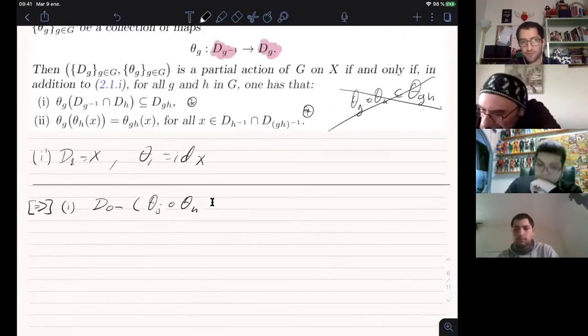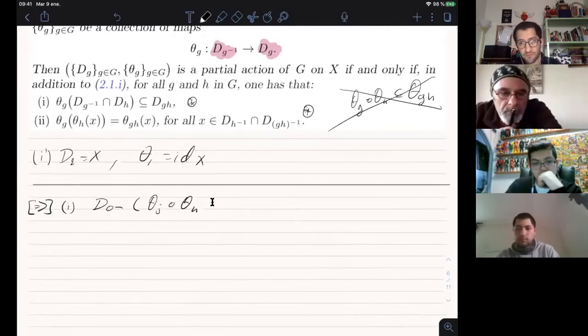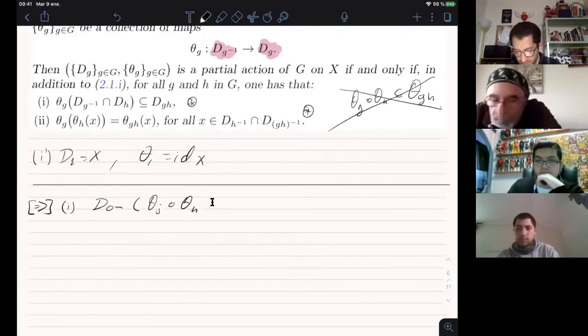If you forgot what we are going to prove here, this is all in Ruy Exel's book, so you can see the book in parallel.